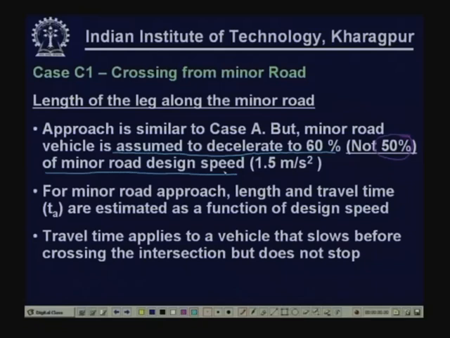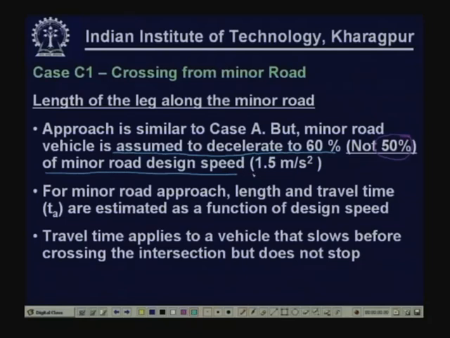That means, whenever vehicles are approaching a yield controlled intersection, drivers will reduce speed approximately to 60% of minor road design speed, with a deceleration rate up to 1.5 meter per second square.